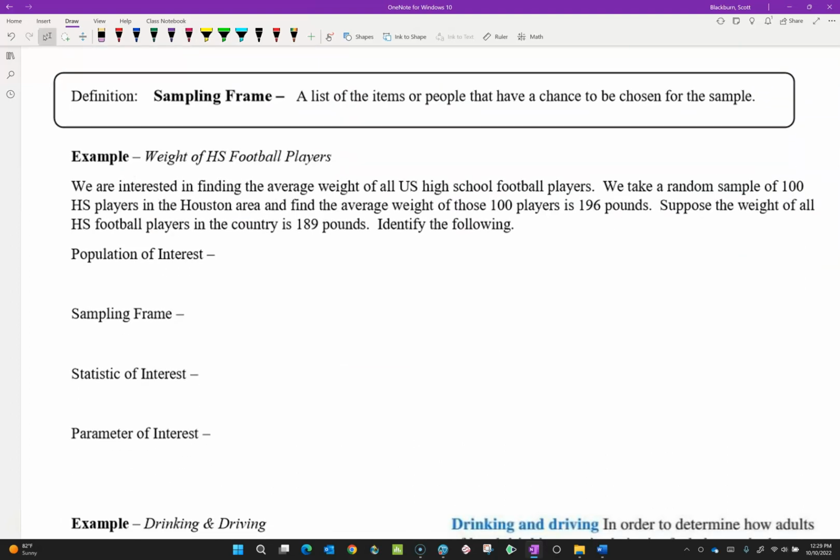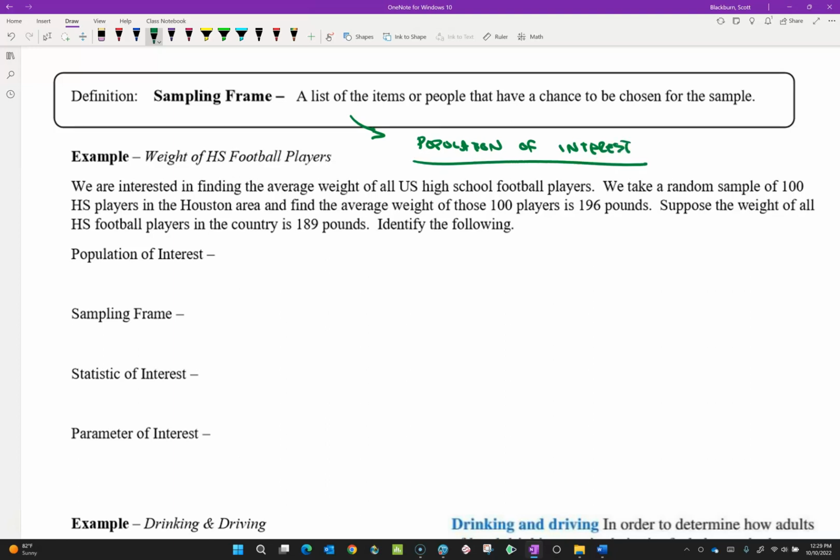So the sampling frame. The sampling frame is a list of the items or people that have a chance to be chosen for the sample. And you might be thinking, wait a second, doesn't that sound like the population of interest? Yes, it should. But here's the issue.